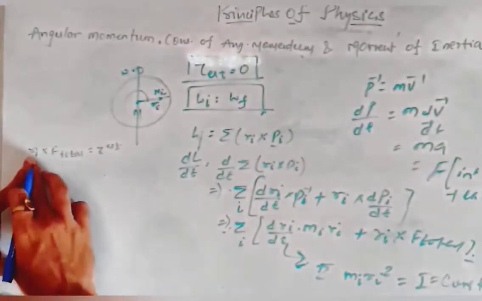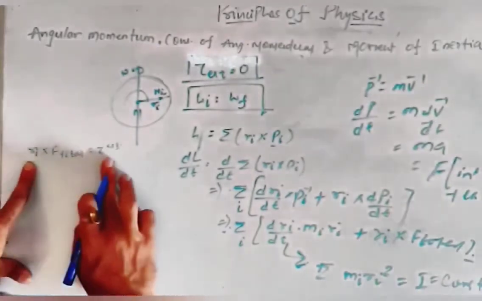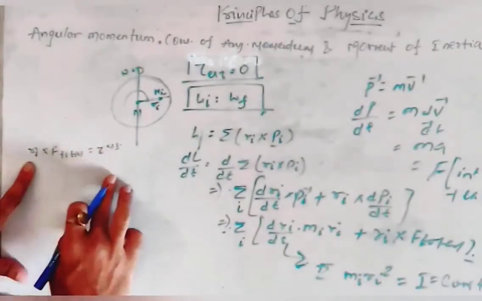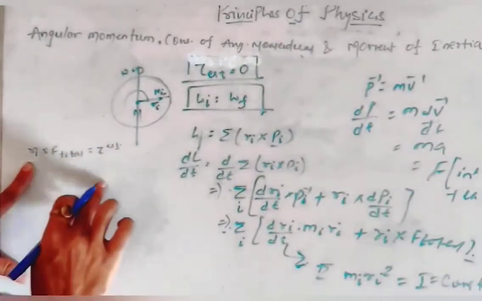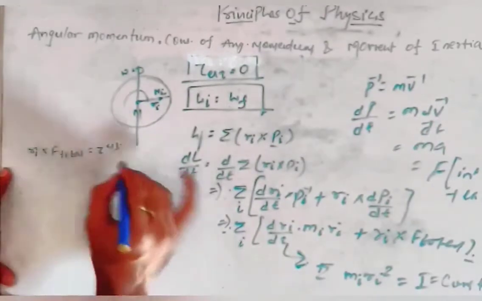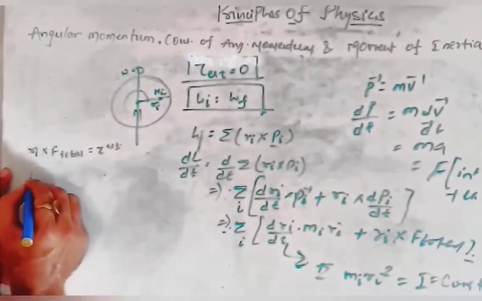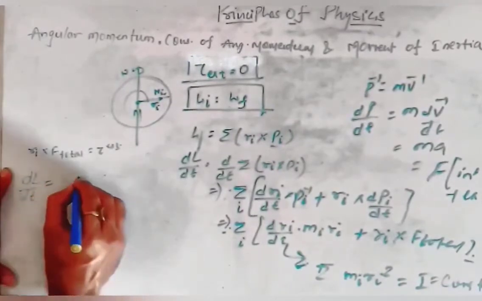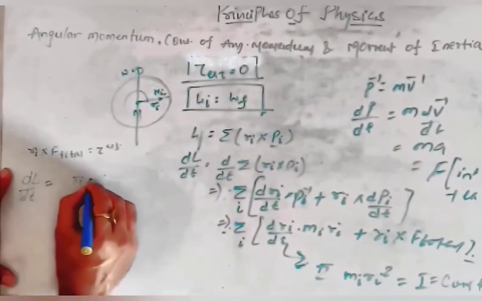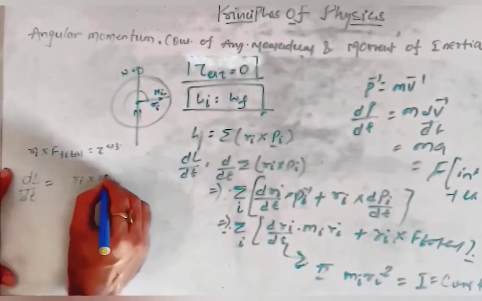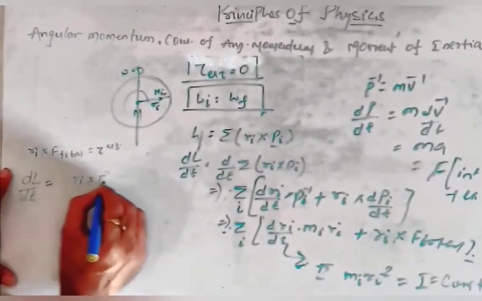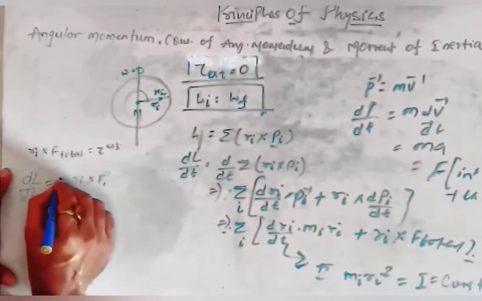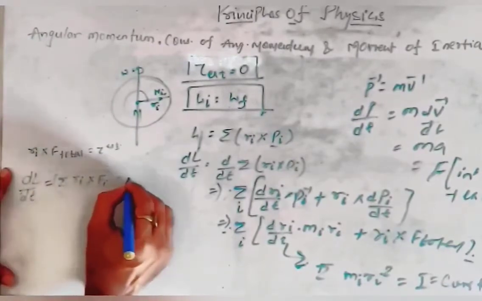And we know that ri cross F total gives the result of the total torque acting. So from what we have derived, dL by dt depends upon the summation of ri cross Fi, and that is the torque.